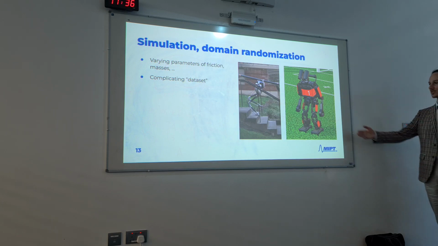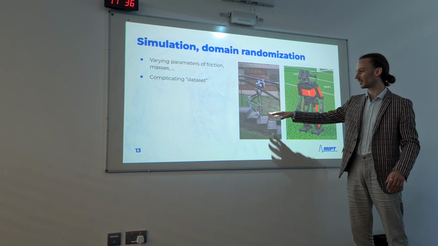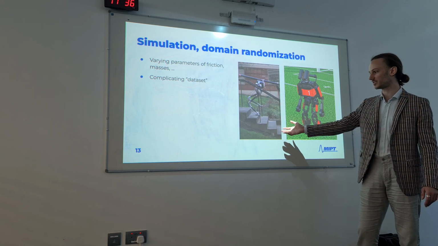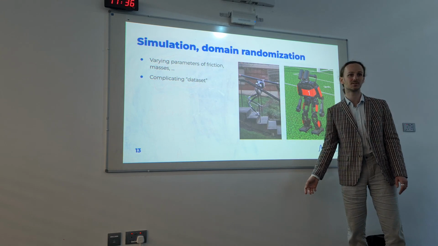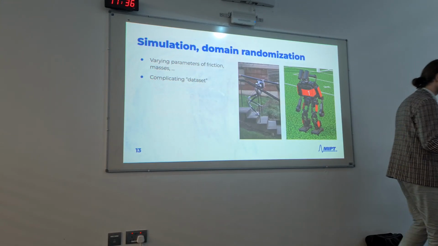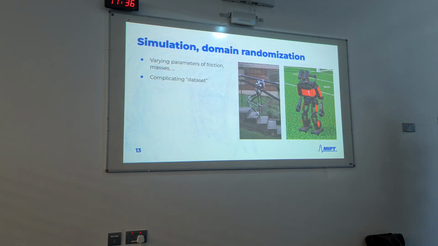Not the mirror-shined, very flat surface here, but just some kind of concrete, maybe wet, maybe dirty, maybe dusty. But still, they have varied all those conditions, and the coolest thing is that it started working instantly.